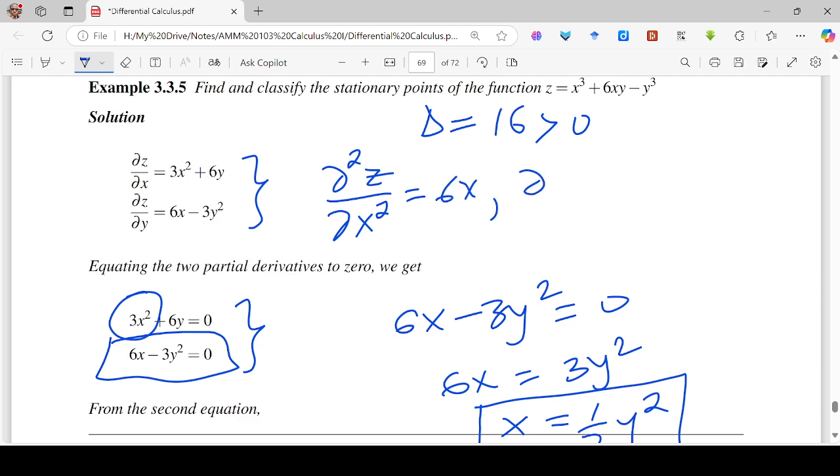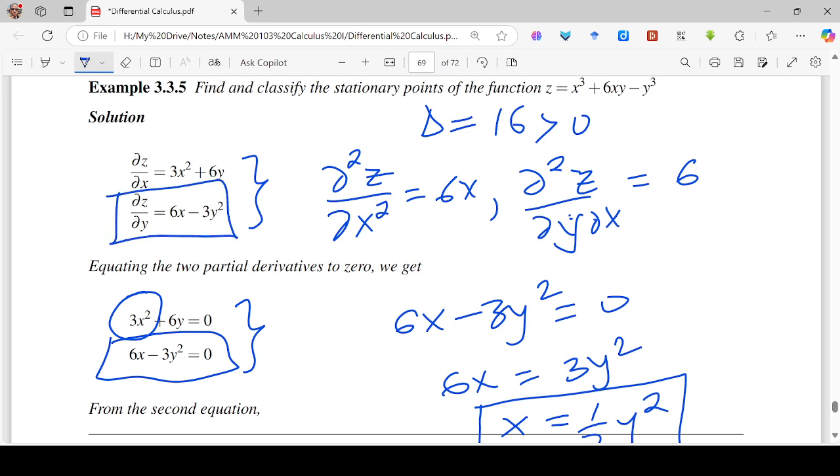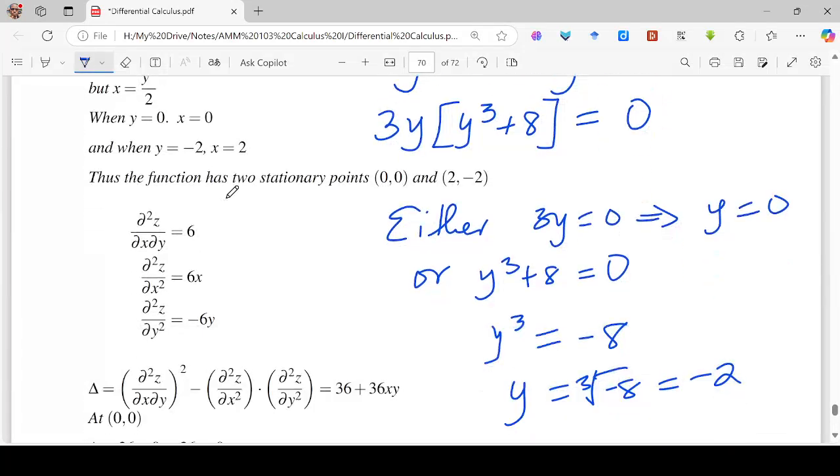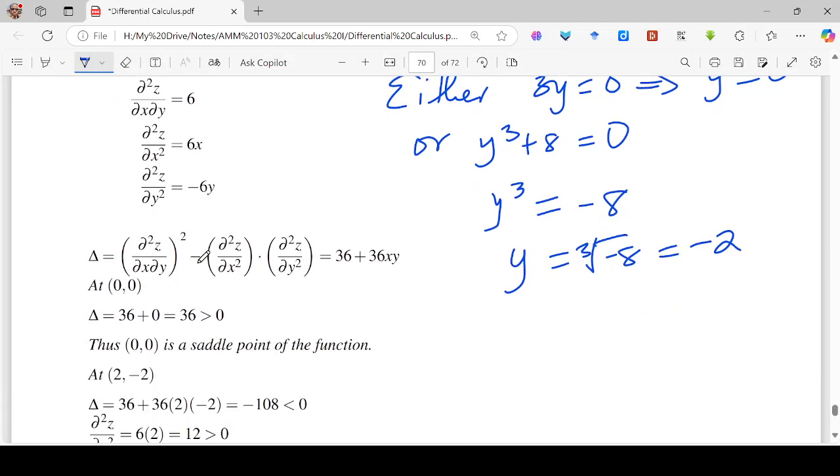And if you differentiate the same partially with respect to y, then we'll get 6. Then when you differentiate the second one partially with respect to y, we get minus 6y. So these are the second order partial derivatives. Then we substitute here.